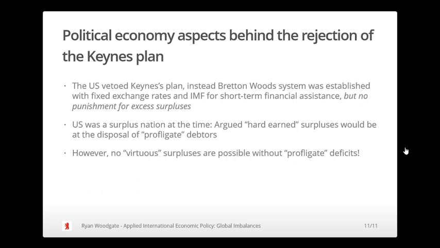So to imbue surpluses with some kind of notion of morality, or as it often is, deficits with some notion of profligacy, is problematic from an economic standpoint, especially if your aim is simply to optimize or enhance world growth by reducing the total amount of leakages from the monetary system.